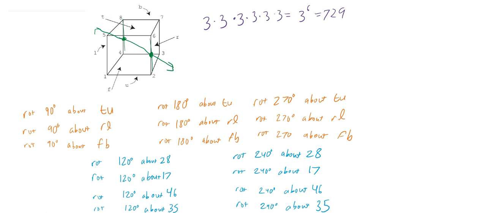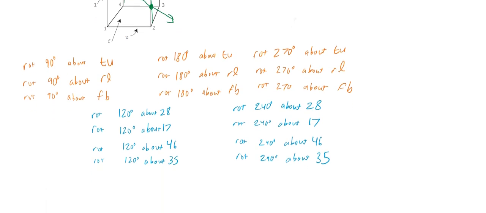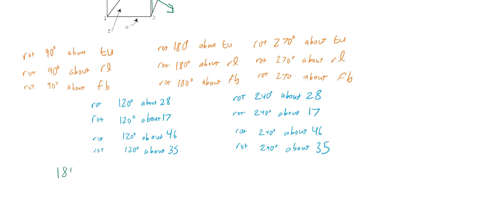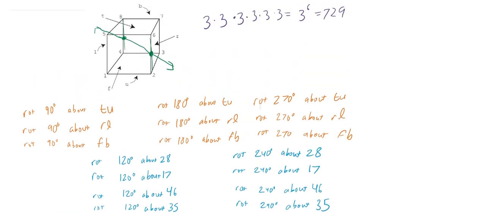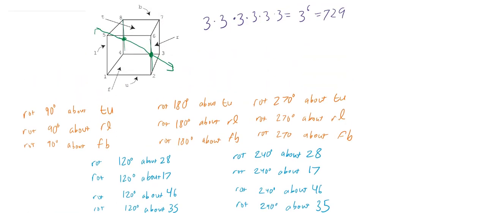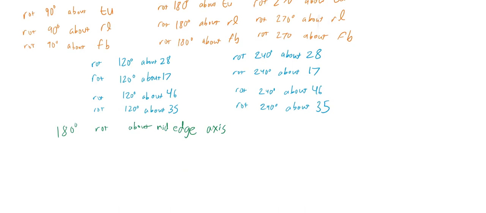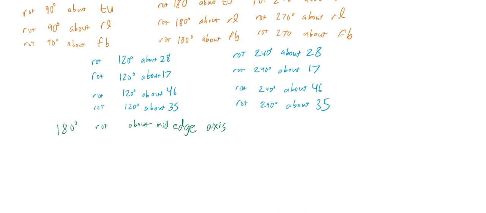I don't know what to call that line, but I do a 180 degree rotation about this mid-edge axis. I could at least count how many of them there are. There are 12 edges, 6 pairs of edges, so 6 different axes that go through mid-edge that I could do. 6 of these.